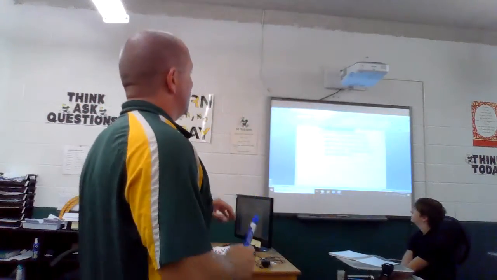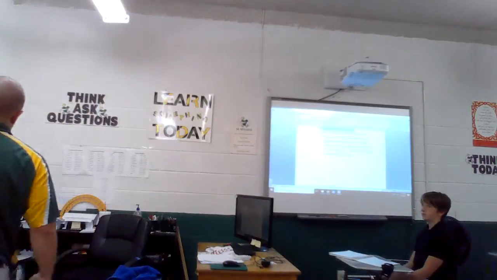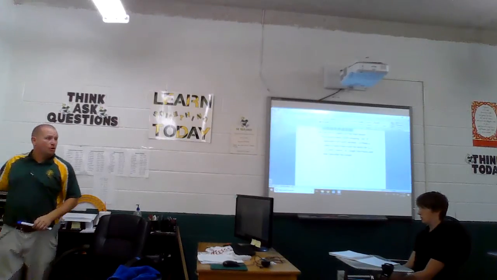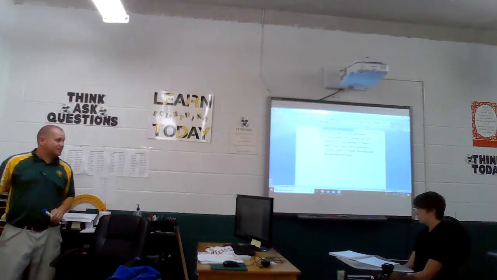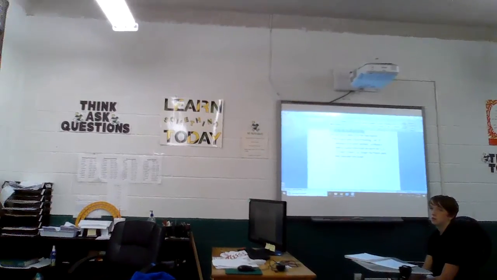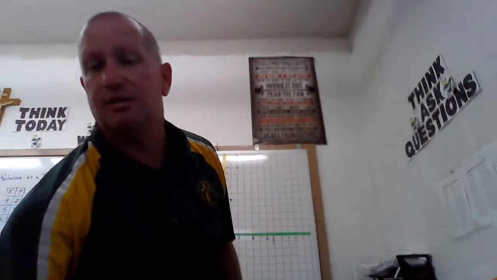Okay? If you're going to do something like this right here, when you make your coordinate plane and you're going to plot that stuff, I would write down what each axis stands for. So in this case right here, my x-axis stood for what? In my example here. What did the x mean?